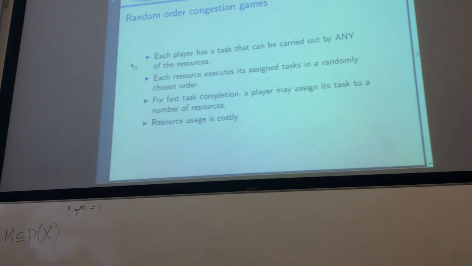Another one, random order congestion games. This is a model where you do count on the particular order in which you execute the tasks on a given machine. So once again, an agent has a task that can be carried out by any of the resources, and each resource executes its task in some random order.